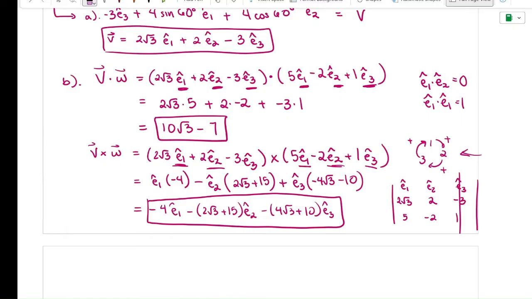Geometrically speaking, it's the vector perpendicular to both of those vectors, and the magnitude of this cross product vector is equal to the area of the parallelogram that your two composing vectors produce. But if you have the same vector, there's no area, so your cross product is going to be equal to 0. So that's why E1 cross E1, E2 cross E2, E3 cross E3 is equal to 0.